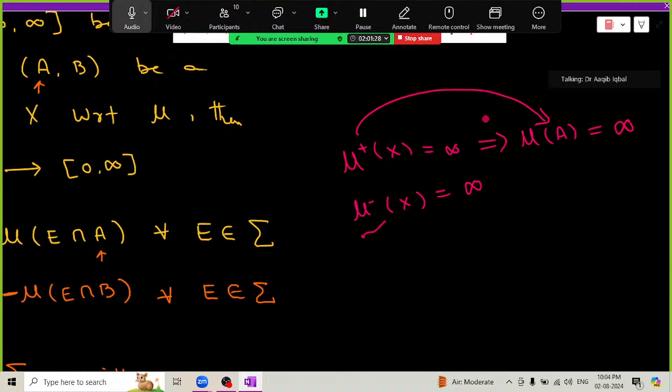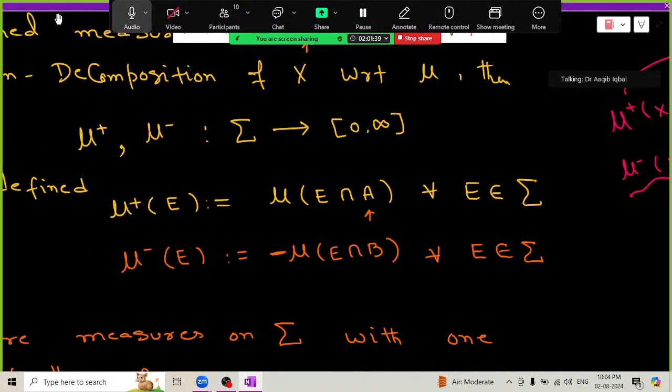Now what is mu minus of x? From the description of mu minus, mu minus of e is this, so if we write x in place of e, it will be minus times mu of x intersected with b.